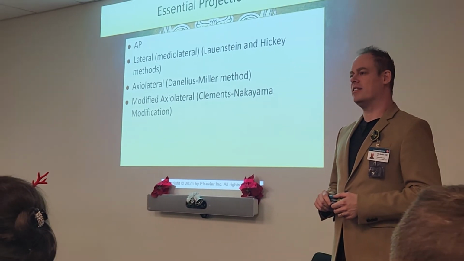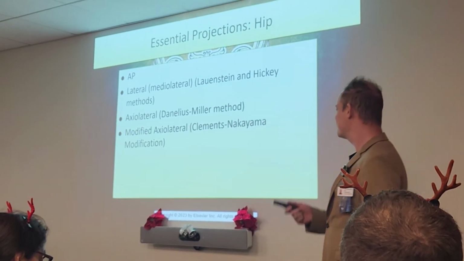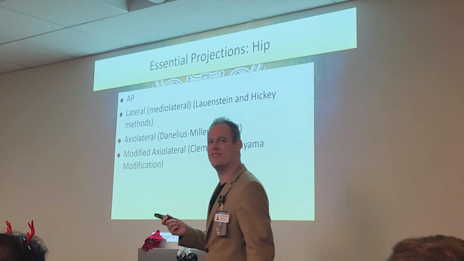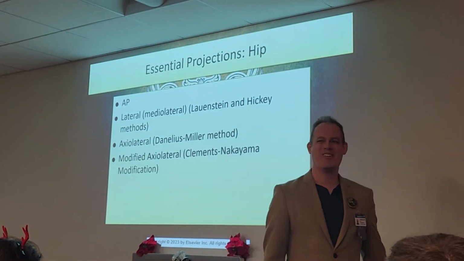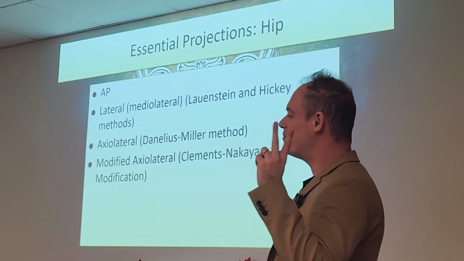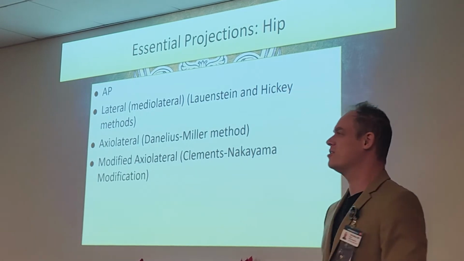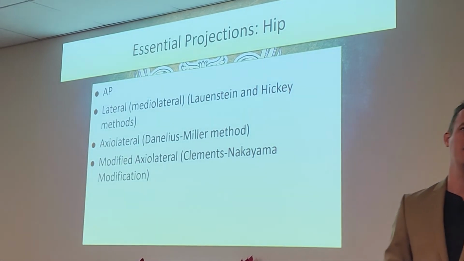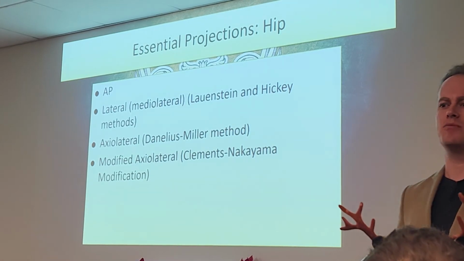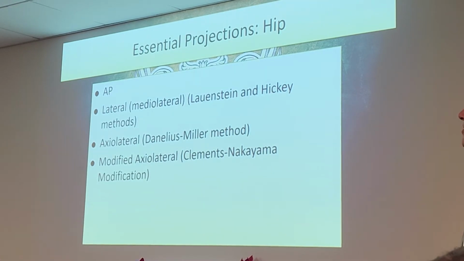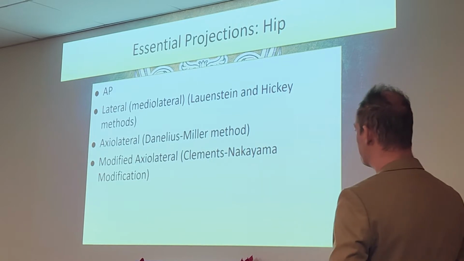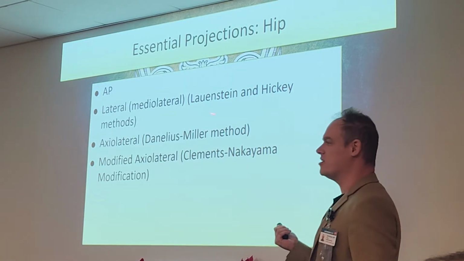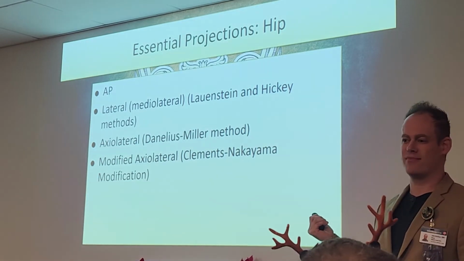Yeah. All right. Well, I'm just going to start talking. Y'all can write if you want to. So we left off talking about the two hip projections, and we're going to now go on to our hip projections, of which there are four essential projections: our regular AP, our lateral, which has multiple names, and all those names can be lateral, medial-lateral projection, and Lauenstein and Hickey methods.